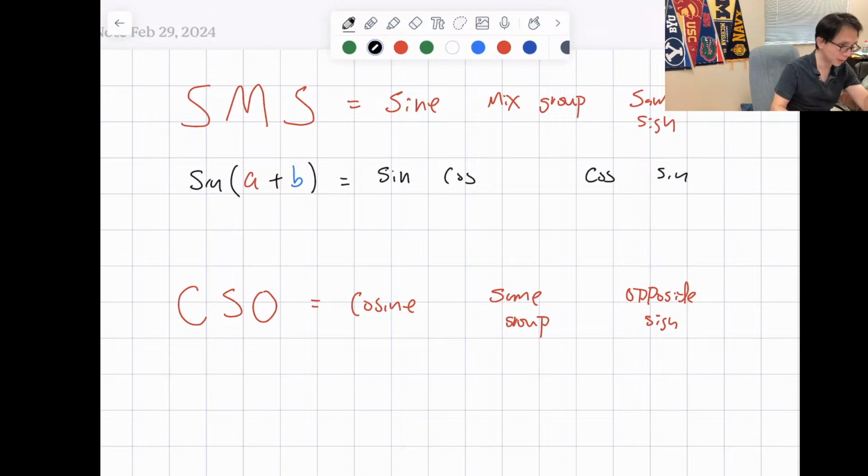And that's how I mix the group. I don't want a sine sine or cosine cosine, that'll be the same group. But sine cosine, cosine sine is gonna be the mixed group. Now I'm gonna fill in the A and A and B and B. Is that okay? And I fill in the sign, which is the same sign.